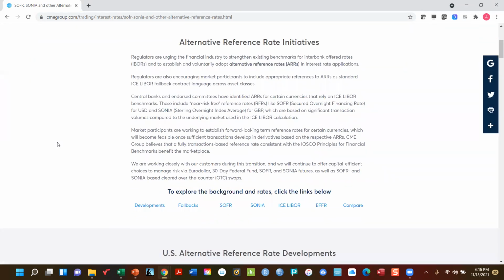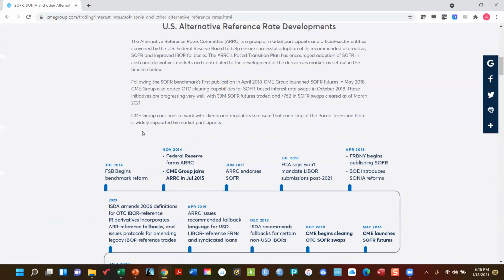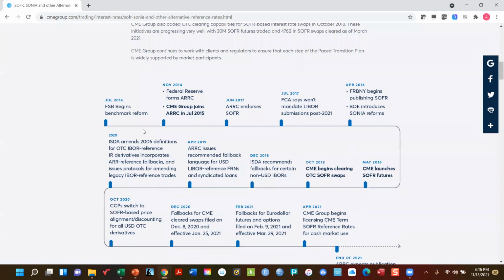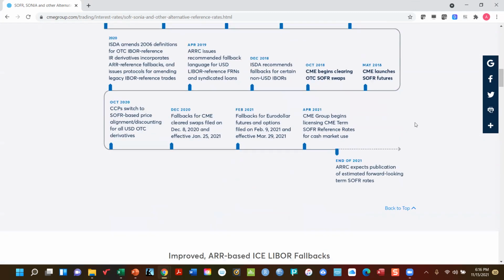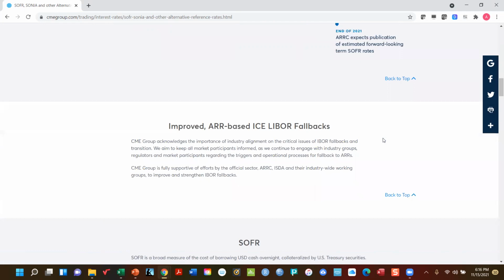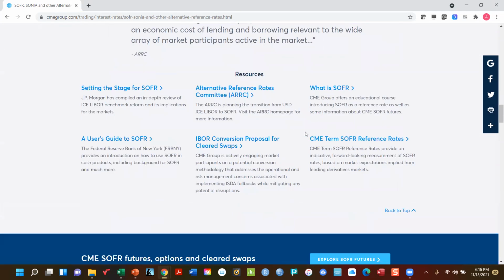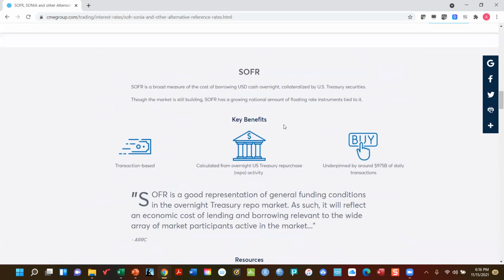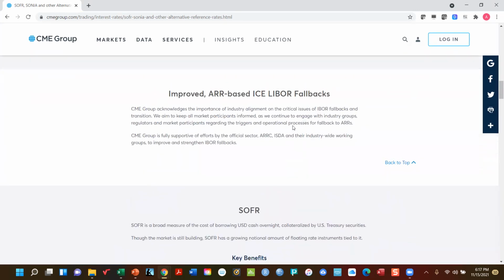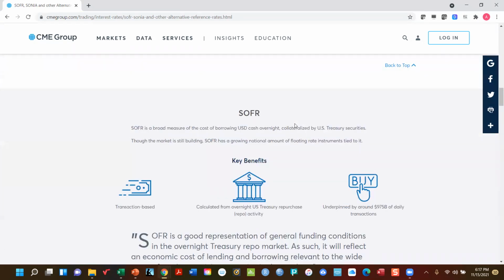Now, the reason why they care about this is because they're going to be selling derivatives whose values depend on these alternative rates of interest. So that's why they're big on this. They need to be on top of this very quickly. So let's see. Oh, I was hoping they would have a list of the other countries' versions, but I guess not. They're probably at the moment only planning on carrying US dollar-based contracts.